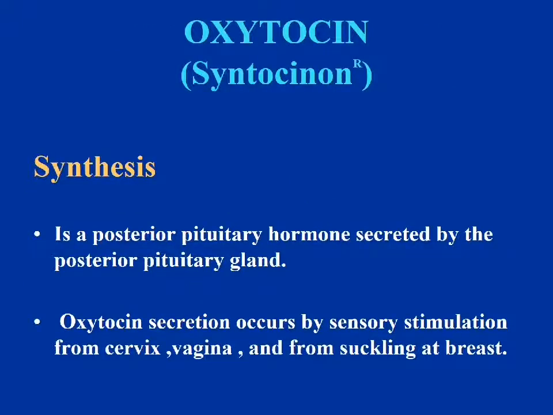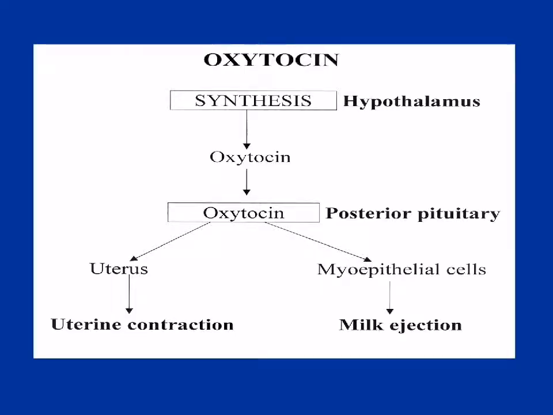What about the synthesis of oxytocin? It is a posterior pituitary hormone secreted by the posterior pituitary gland, and the secretion occurs by sensory stimulation from the cervix, vagina, and from suckling at the breast.